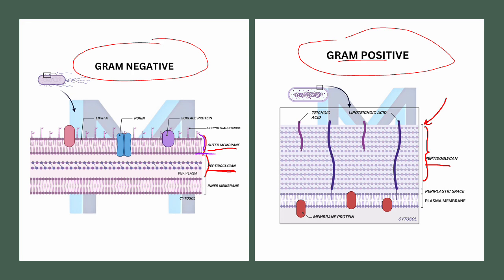And this is happening due to the thick peptidoglycan layer, which retains crystal violet stain. We use crystal violet as part of the gram staining procedure.